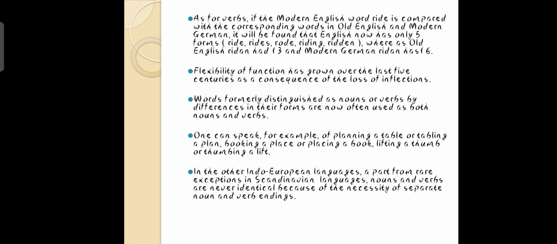In the other Indo-European languages, apart from rare exceptions in Scandinavian languages, nouns and verbs are never identical because of the necessity of separate noun and verb endings.